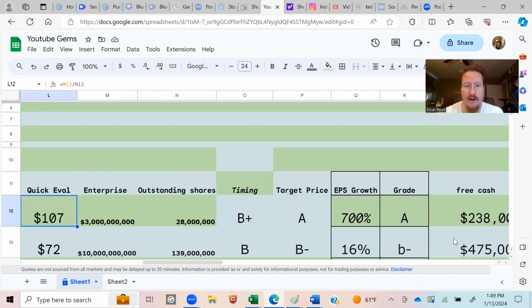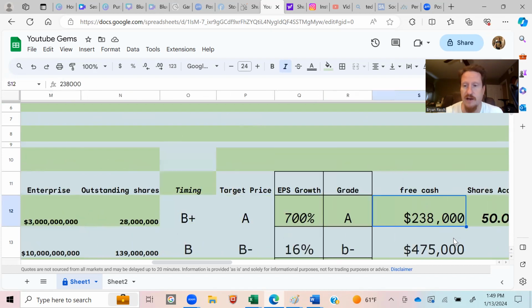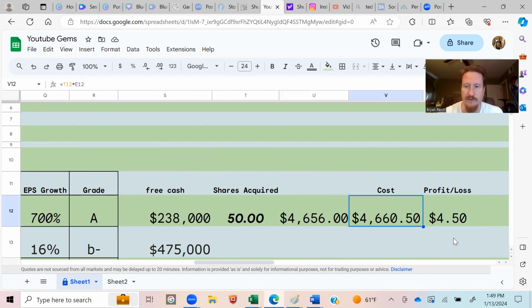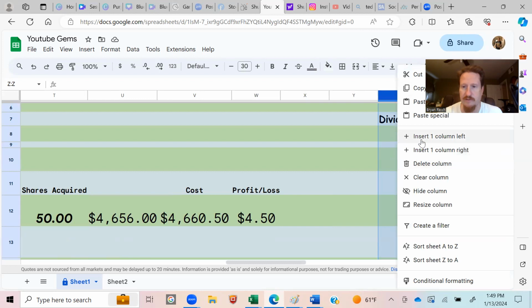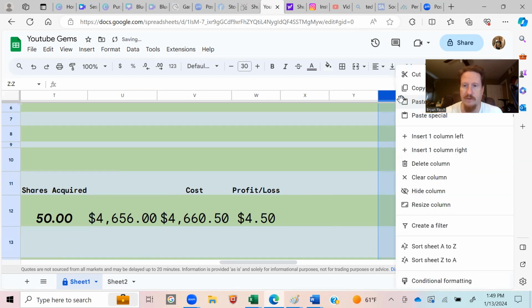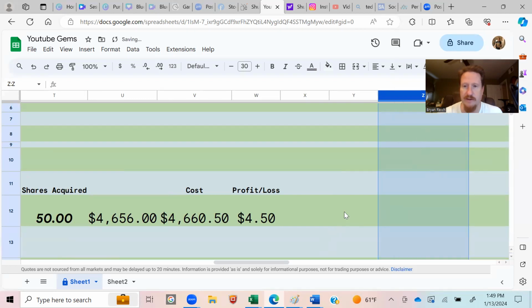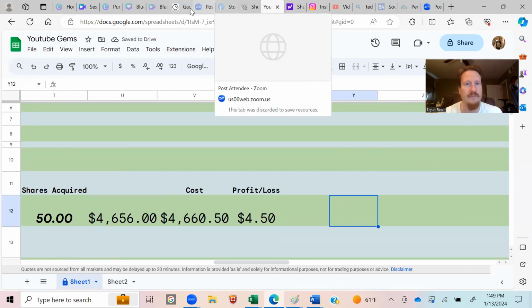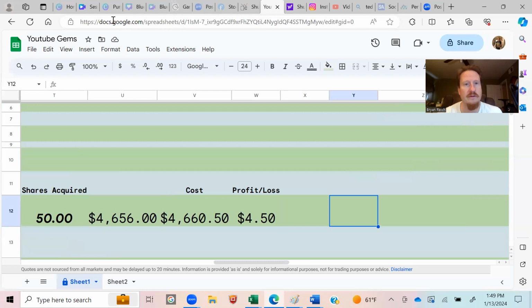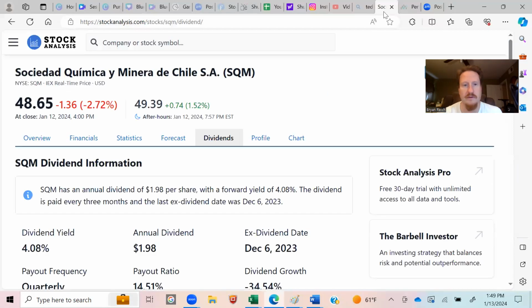And then you want to ask yourself, does the stock have a dividend? And this one does. So why is that meaningful? Well, because then we can set up the dividends. And we can go right in it like this, and using stock analysis, we can type in IIPR here.